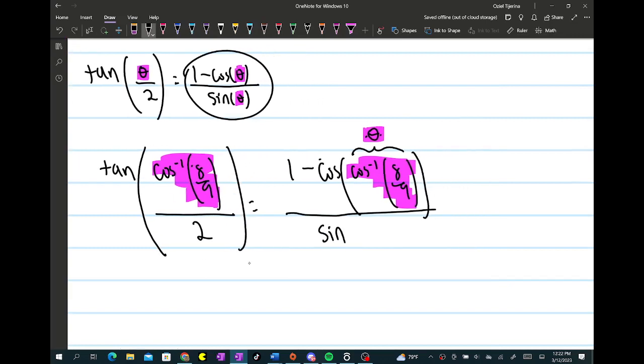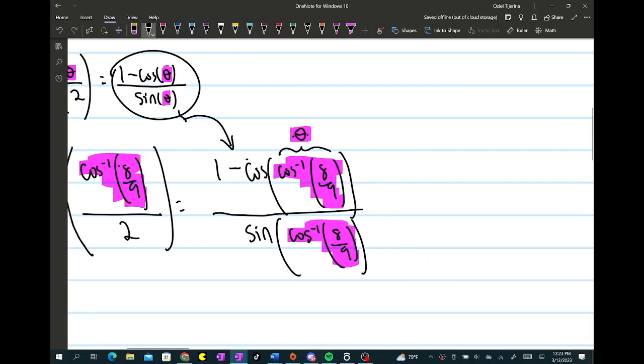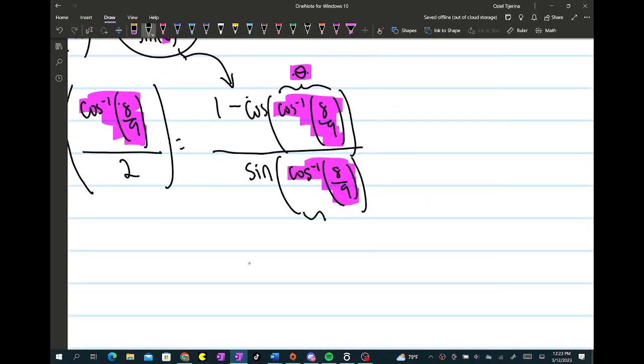So it's going to be sine of cosine inverse of 8 over 9. Again, this is what theta is right here. We're just following this formula from up here. I hope that makes sense.